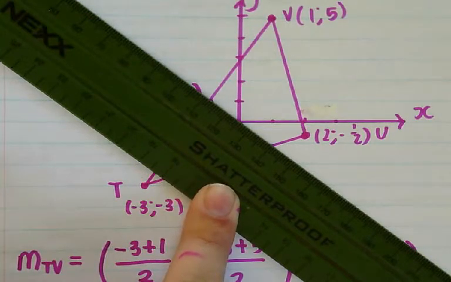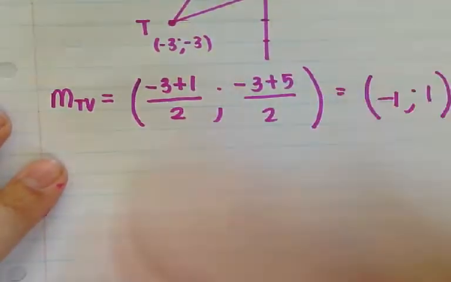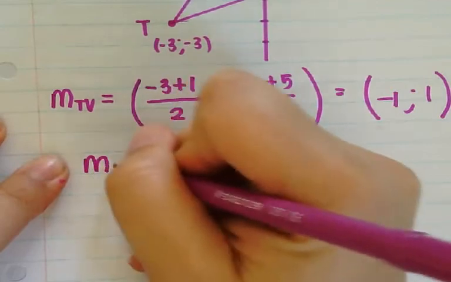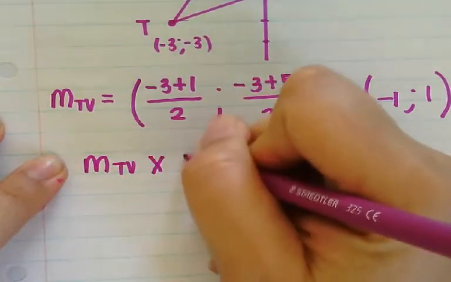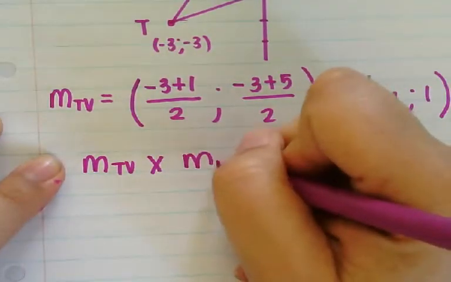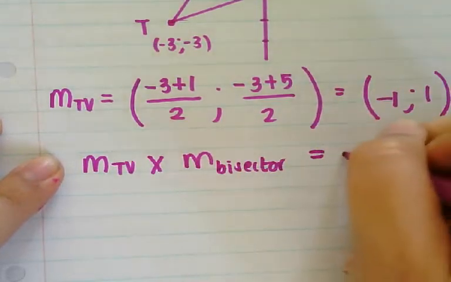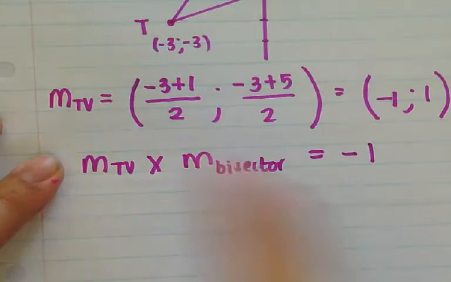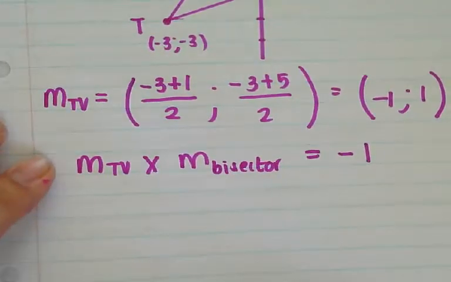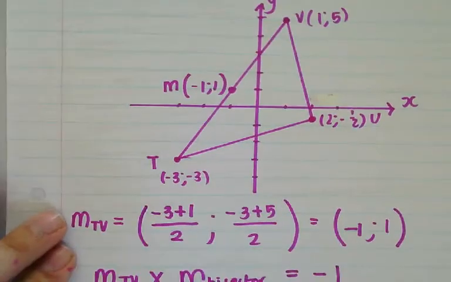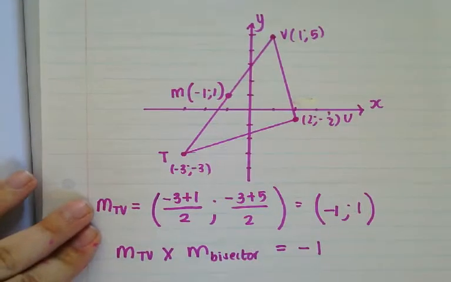Fantastic, which means my first step is to actually calculate the gradient of TV. So if they are perpendicular, then m of TV times the m of this bisector will equal -1. So I need the gradient of TV. So please calculate the gradient of TV.